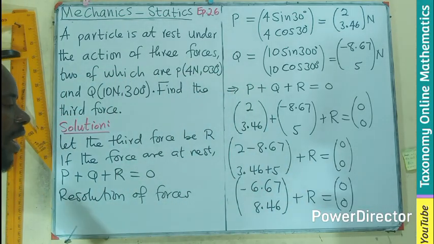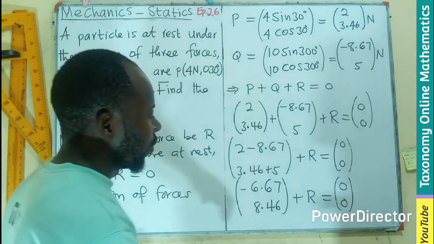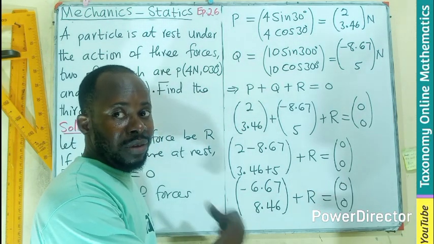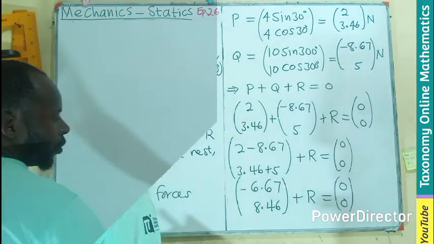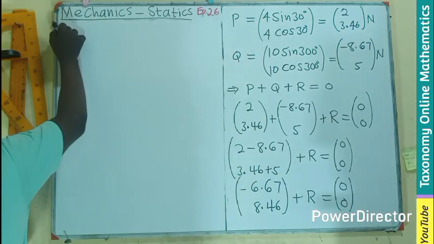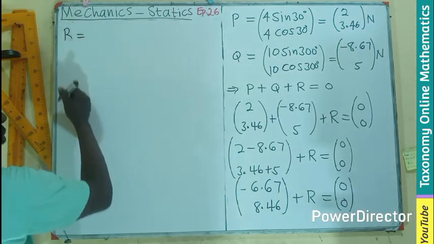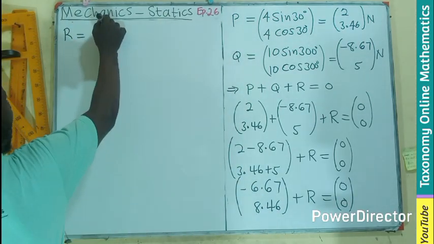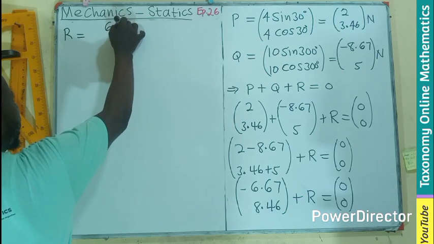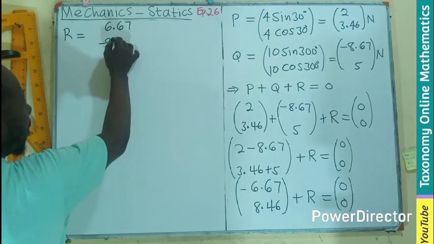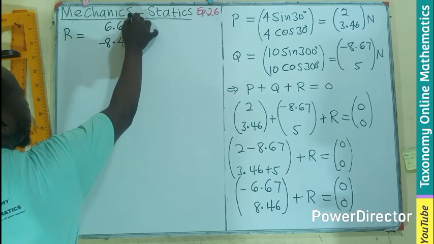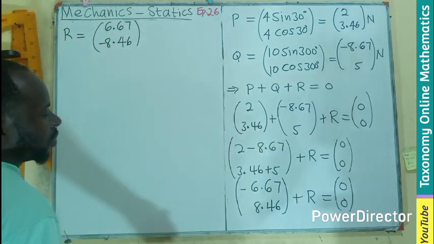Now we are looking for R, so we transpose this vector to the right. As it is being transposed, the positive will become negative. So R will be equal to (6.67, -8.46). As it is transposed, that is what you get.